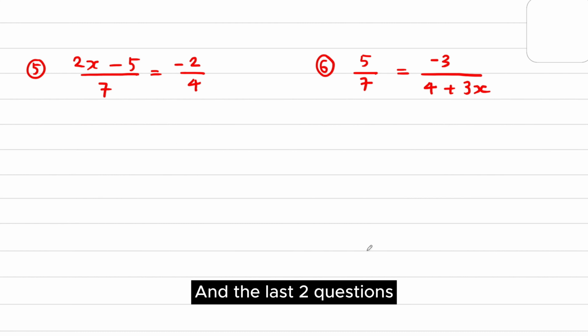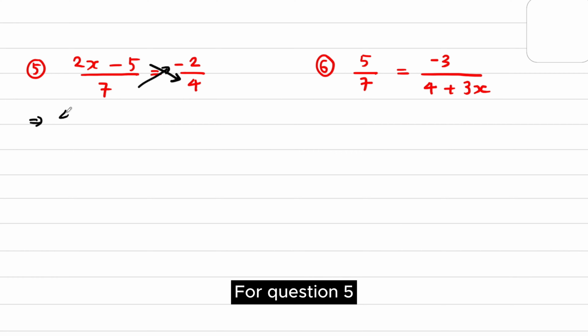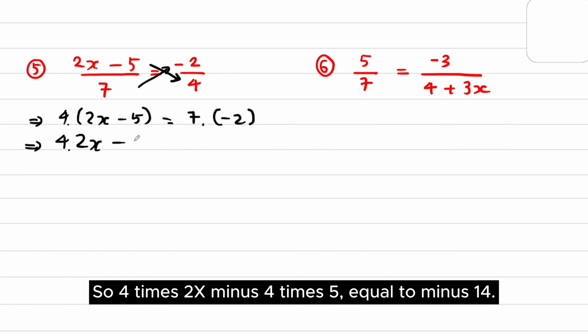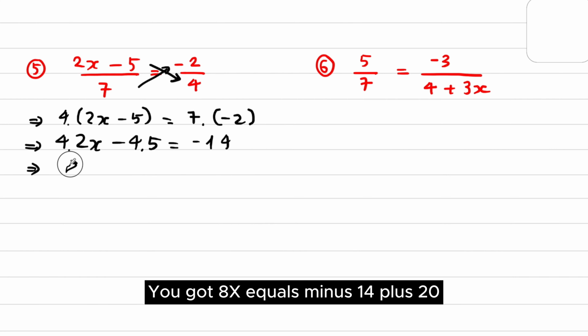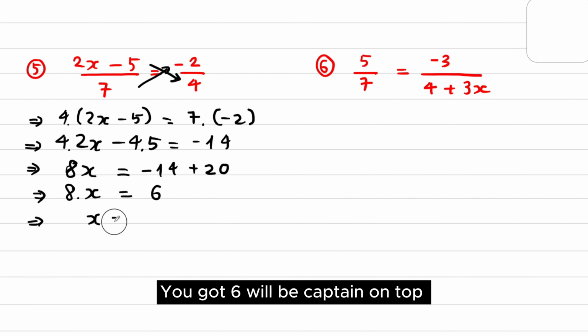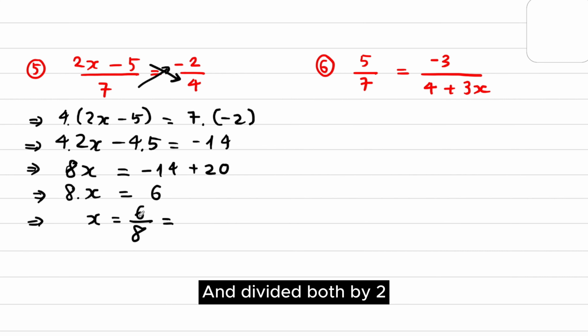Okay, and the last 2 questions, question 5 and question 6. For question 5, you got it like this, multiply negative 2. So 4 times 2x minus 4 times 5 equals minus 14. You got 8x equals minus 14 plus 20. So this is equal to 6. This one is 8x. You got h will be the numerator on top, and divide by 2, you got 3, divide by 2, you got 4.